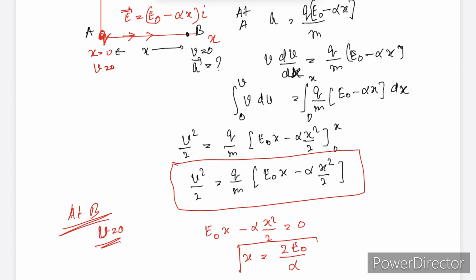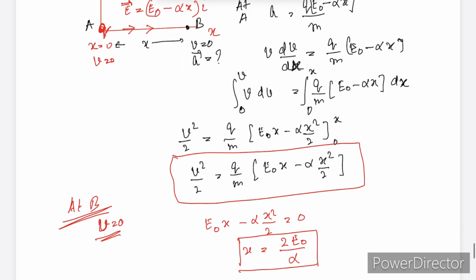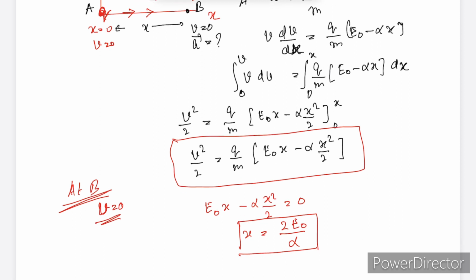So this is the distance we are interested in, the distance from A to B. Correct. So our first answer is 2E0 upon alpha.